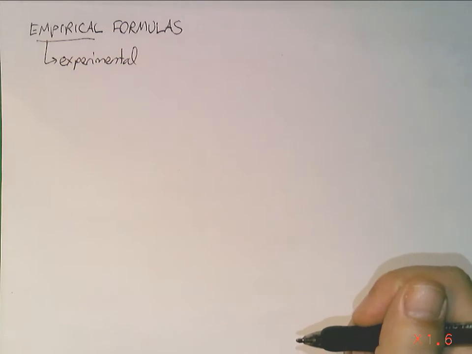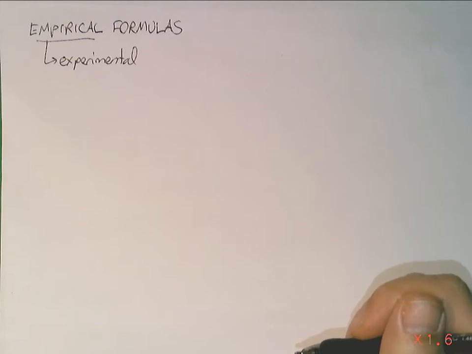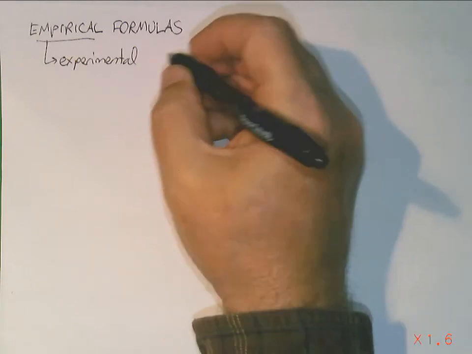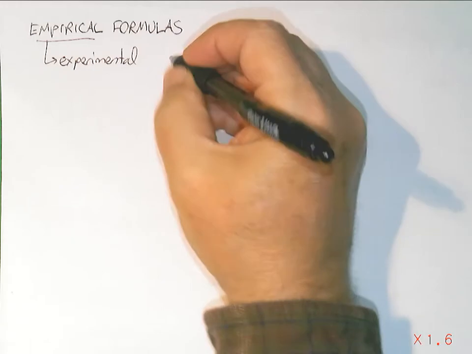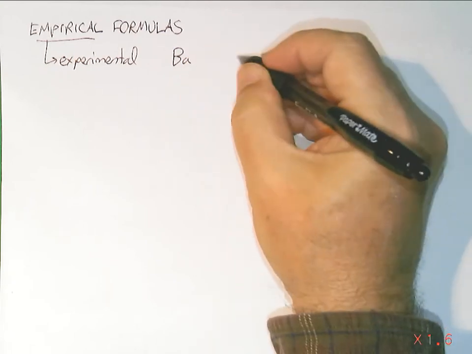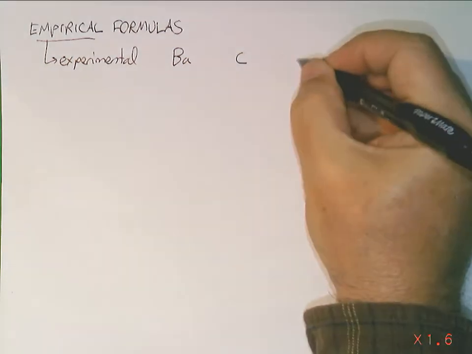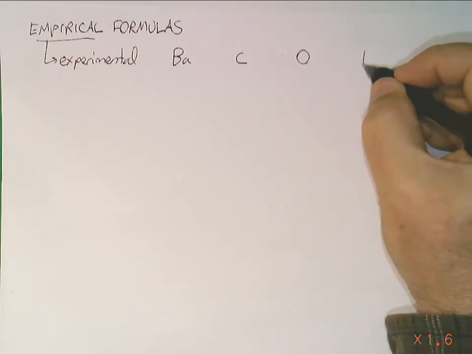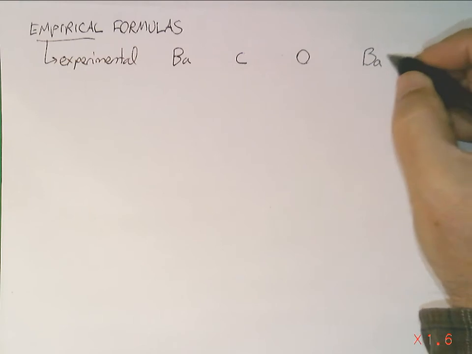Suppose I've got a compound, and let's suppose it's a compound of barium, carbon, and oxygen. And we want to find out what the empirical formula for this is.